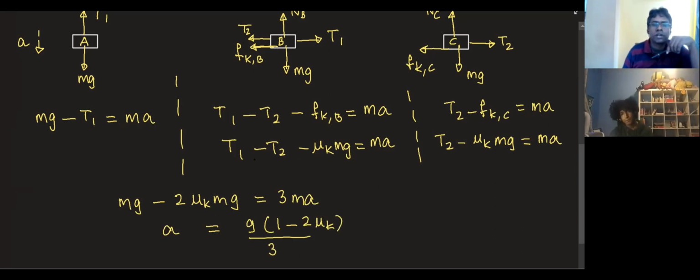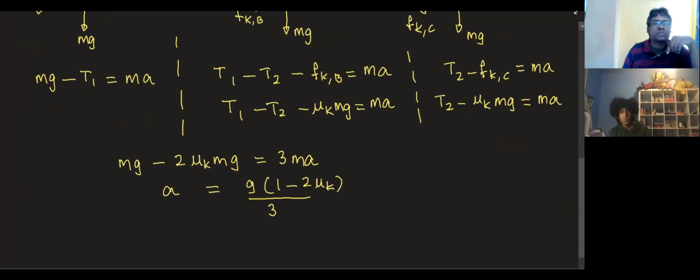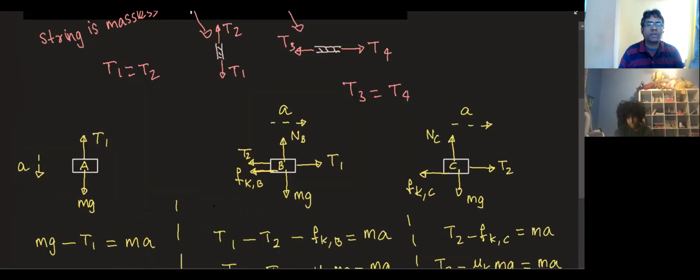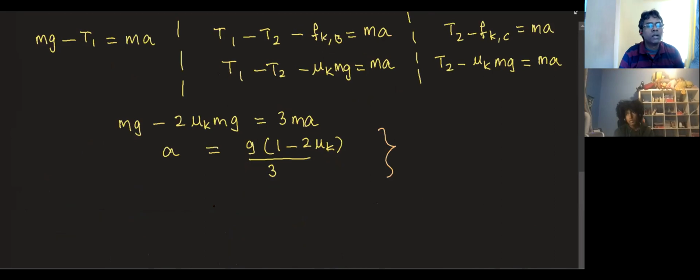Very nice. But we'll have to discuss one important idea here. See, there are two possibilities for A, right? Either it will go down or it will stay at rest. It cannot magically go up. You understand? So either the acceleration of A is 0 or greater than 0.